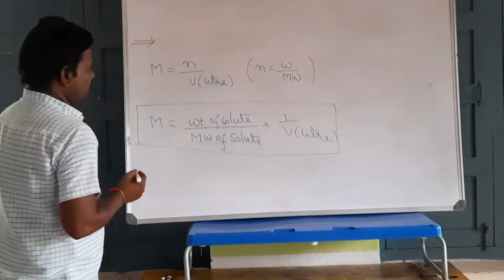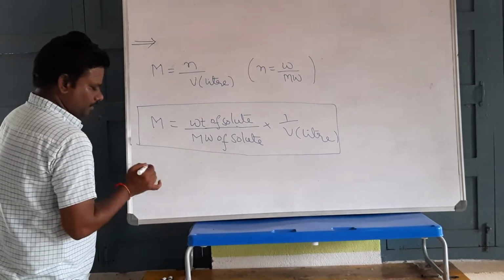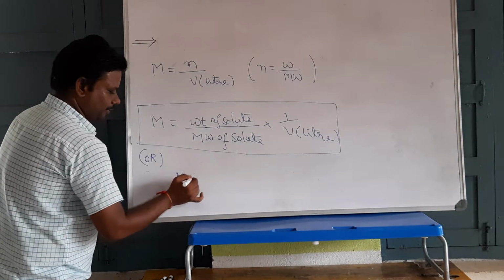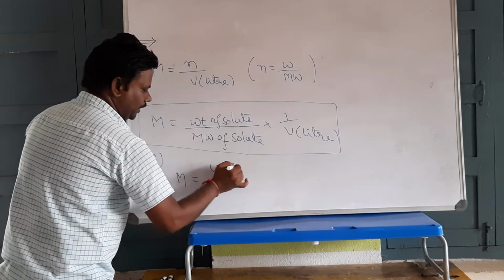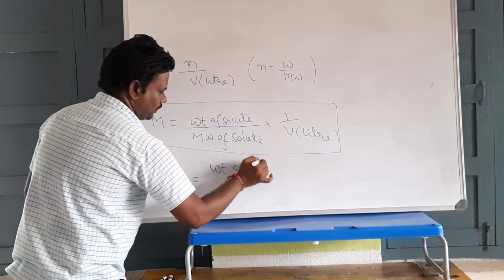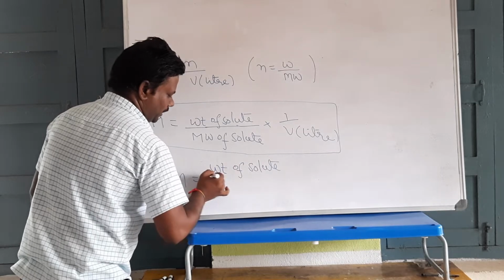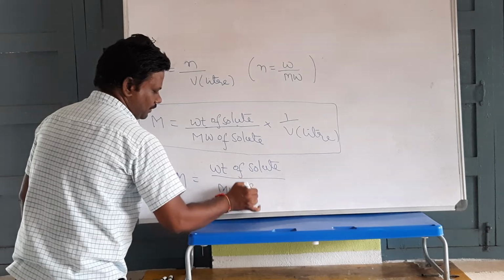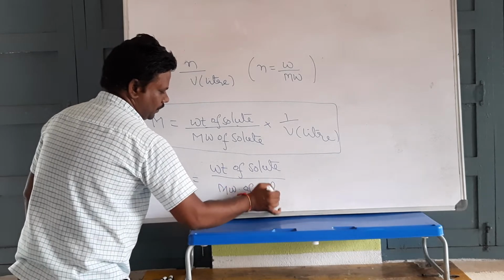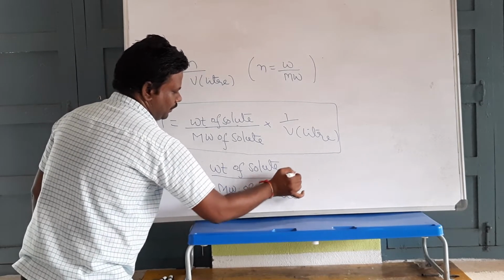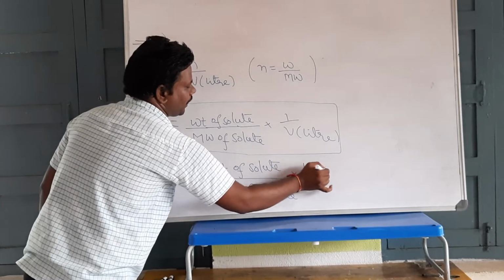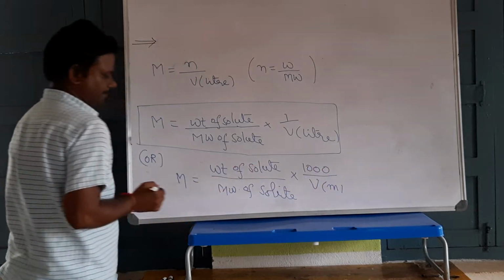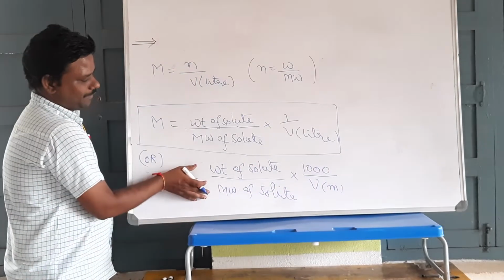Formula for molarity M is equal to weight of solute by molecular weight of solute into 1000 by volume of solution in ml. This is another formula for molarity.